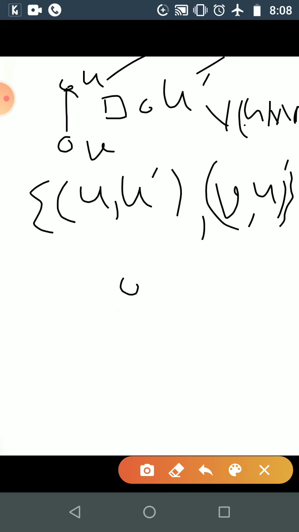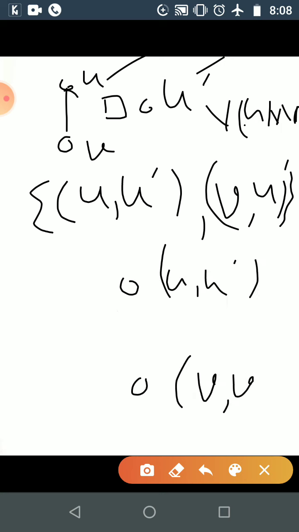So you will have an ordered pair with U dash, we also have an ordered pair with U dash. So these are the vertices. So here two vertices, this represents (U, U dash), and this is representing (V, U dash). Sorry for that, (V, U dash), because here we have only U dash. Correct.